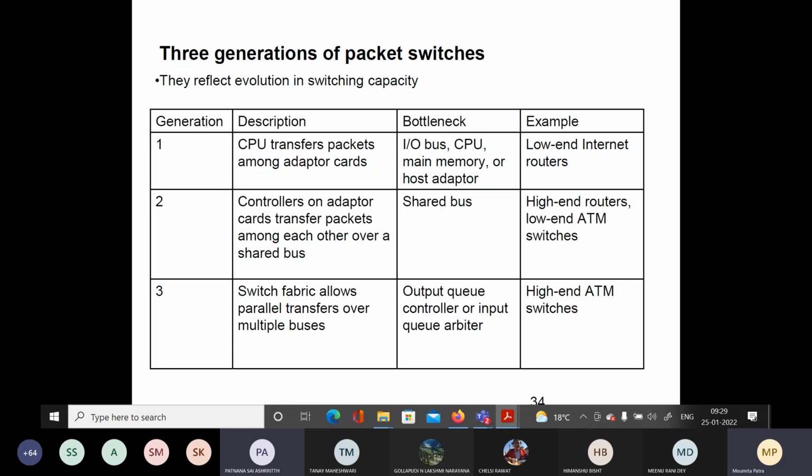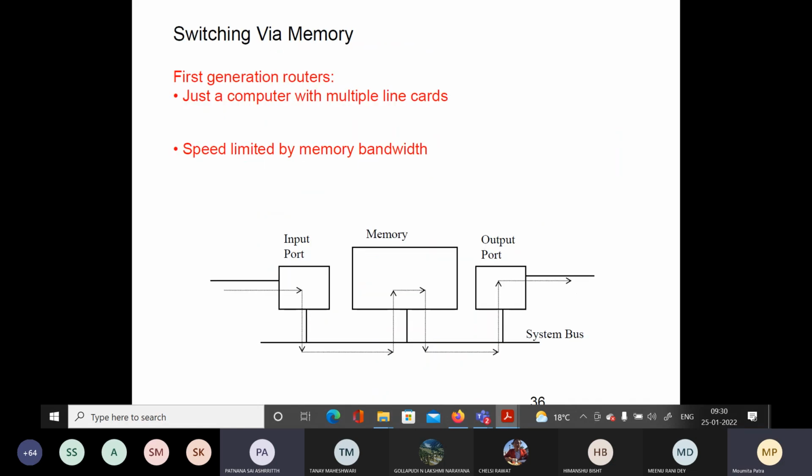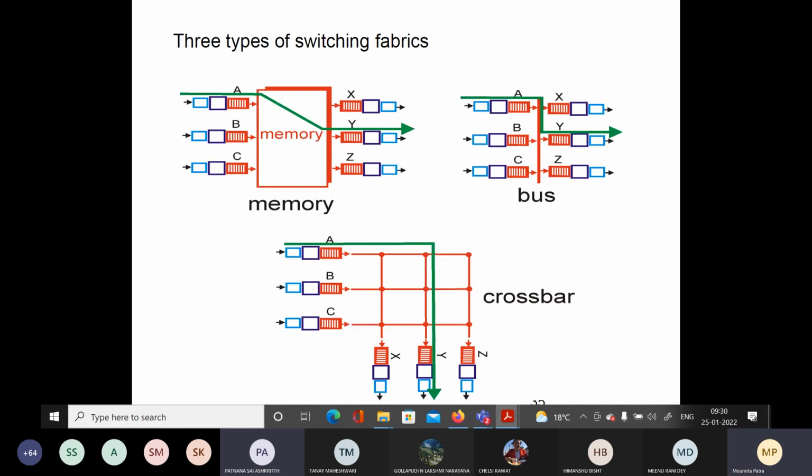In the first generation we were simply using the PCI bus, that means a common shared medium used by the different line cards to support the transmission of data from one line card to another, that means from one input port to another output port. Okay, so I will not go through these different types of switch fabrics. We have already studied this.